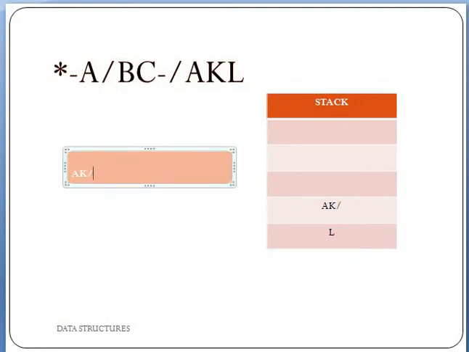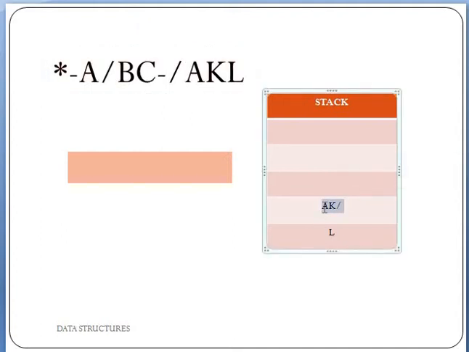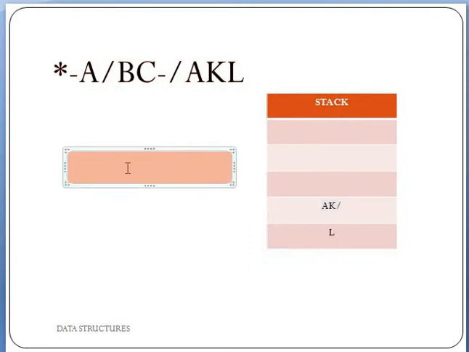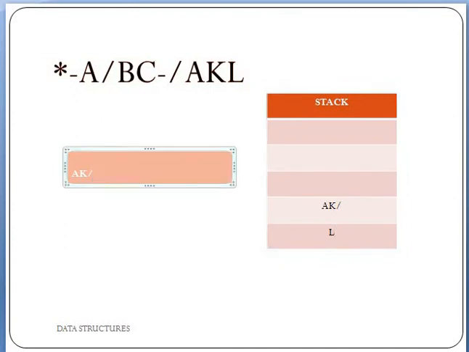And we have got the next operator, which is the minus operator. So let's pop the two items, which are A K division and L. Since the stack uses last in first out operation, we pop A K division first and then L. Now we take this minus and concatenate them to it.